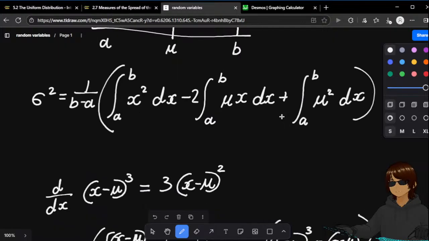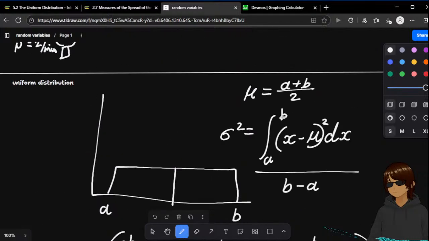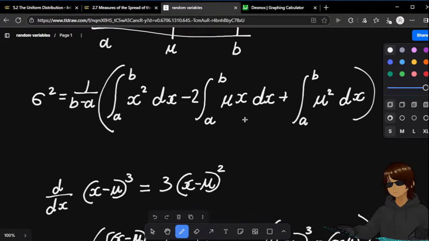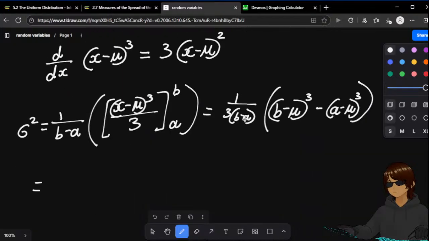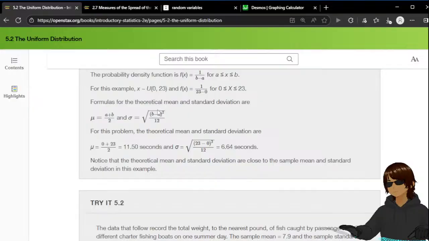Then mu is a plus b over 2. Maybe there's an easier way. They ended up with this divided by 12.